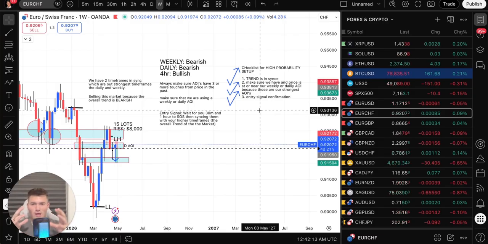You know, give yourself situations, do a top-down analysis of different setups before putting money into the market. Watch how the market moves. Watch how these candlesticks close. And I promise that you will become a much more experienced trader if you put in the time and you put in the effort.